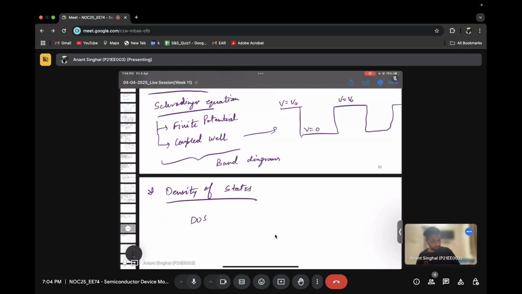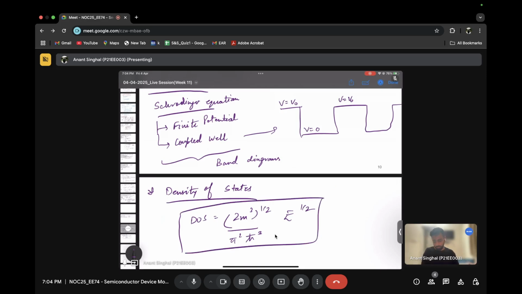If you don't, let me try to make you remember. It is something like some constant times root E, which is the density of states for a 3D case. This also comes from the solution of the Schrodinger equation only.